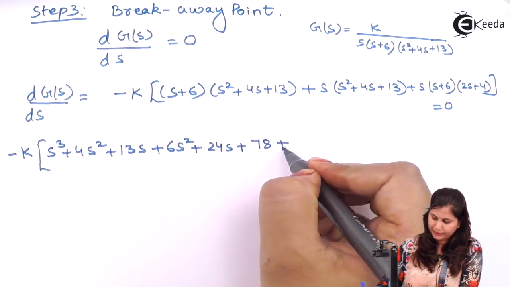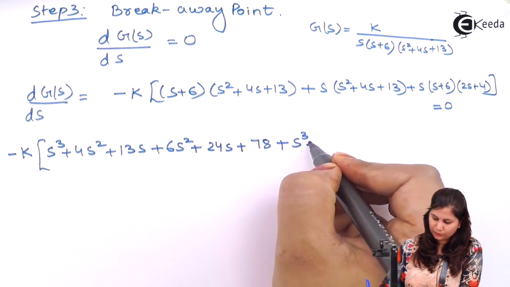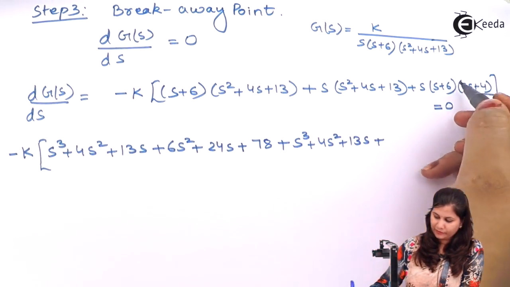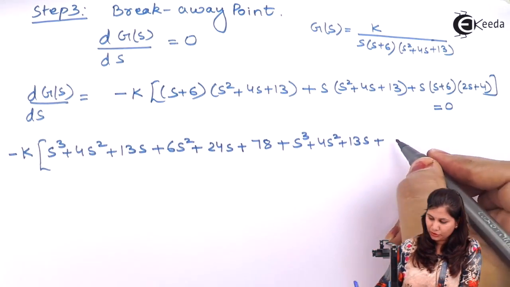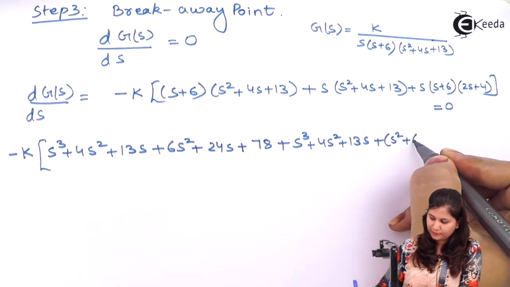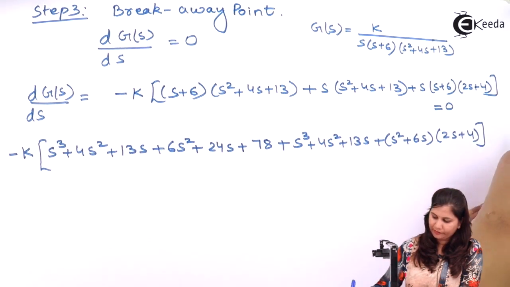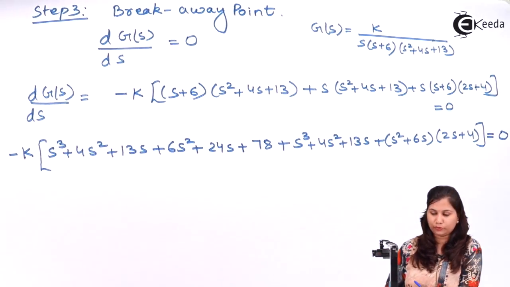Then we have to multiply this inside: s² + 4s² + 13s, plus we have to multiply these three terms, so we will have s² + 6s and then 2s + 4. And we have to equate it to 0.